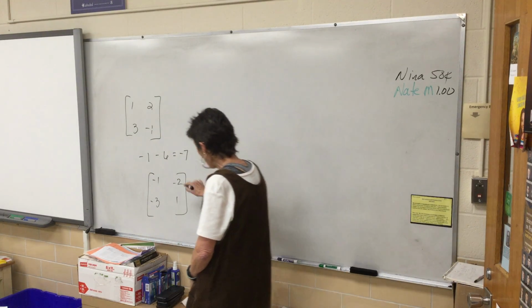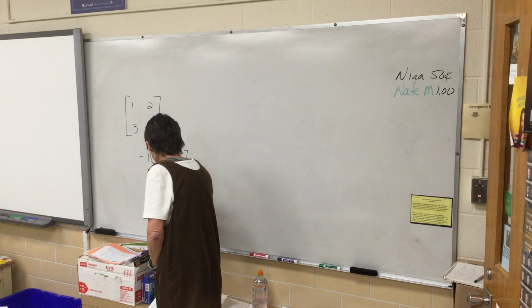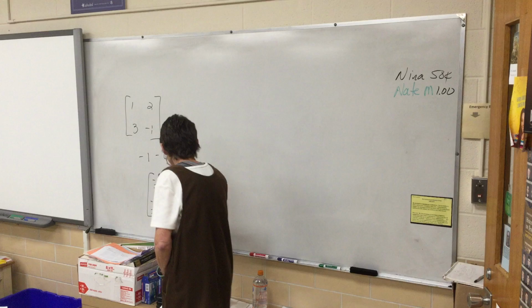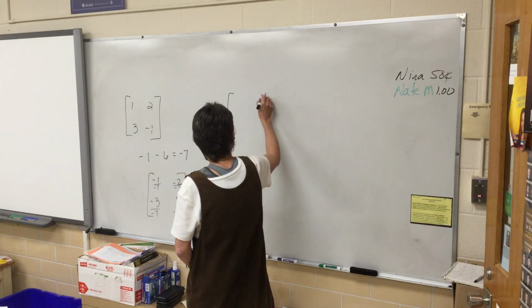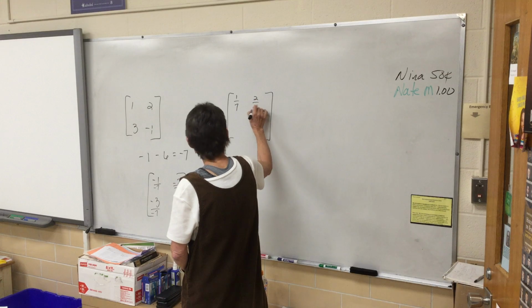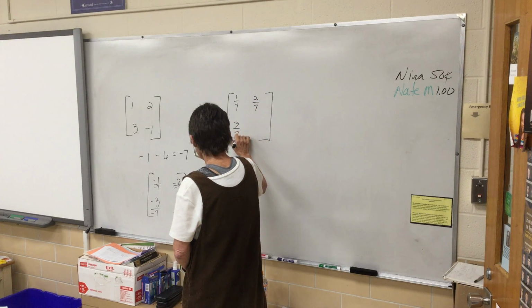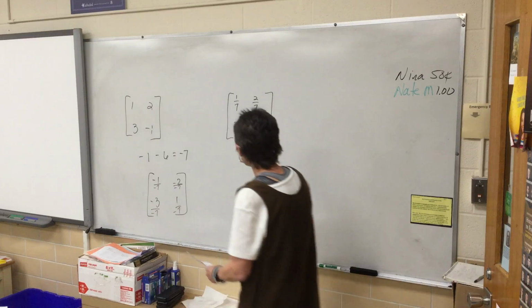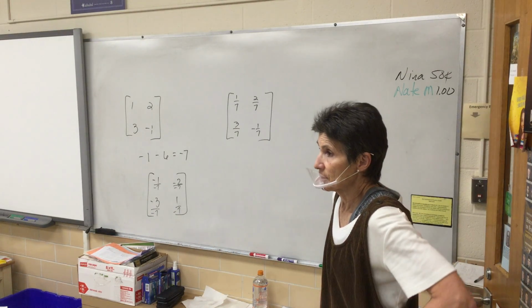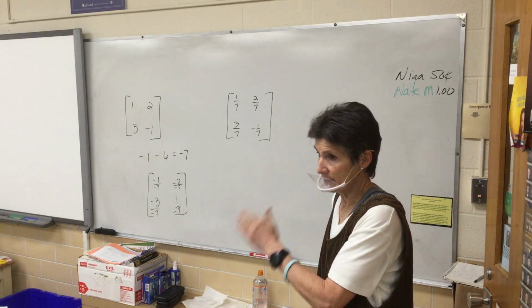And then I'll take that adjoint matrix and divide everything in it by -7. So my inverse is 1/7, 2/7, 3/7, -1/7. Did I do that right? Would everybody agree that's the inverse? That's exactly what we just did, okay?